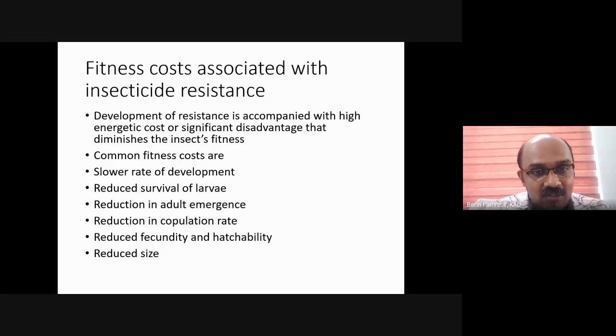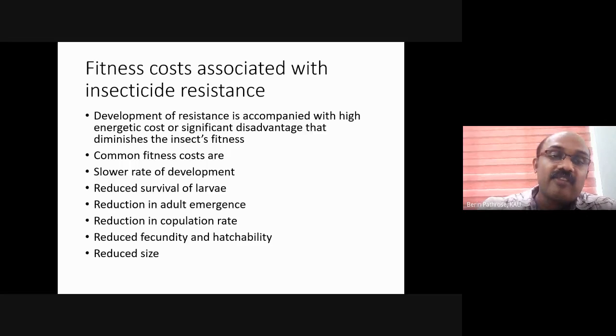Development of resistance is accompanied by a high energetic cost. I told you they have to produce more enzyme, and production of more enzyme means more energy is needed. It is a high energetic cost or significant disadvantage that diminishes the insect's fitness. The survival of the insect will be affected.